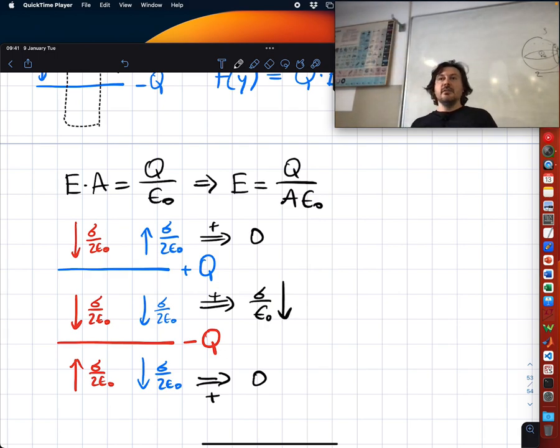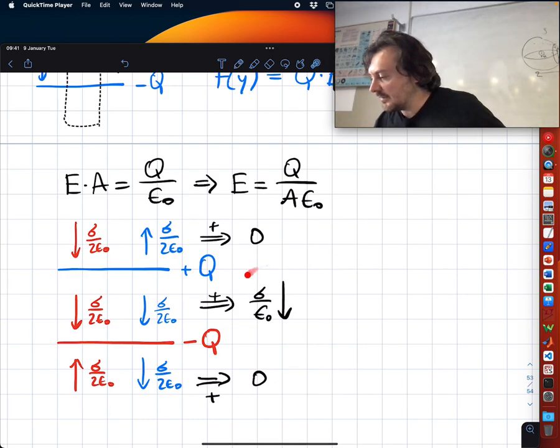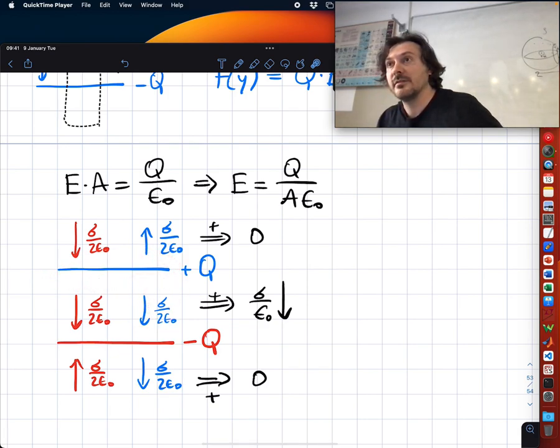You see? So what we found is this total electric field created by both of them, right? However, this plus charge, plus q, is not going to be affected by its own electric field. So it's going to be affected only by this electric field.